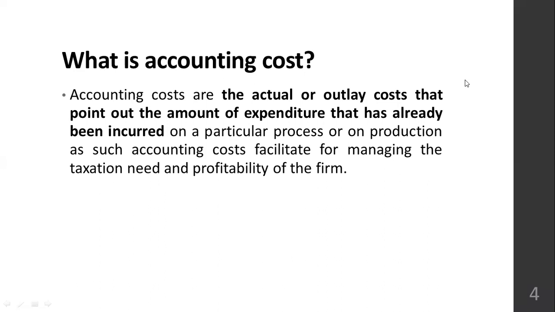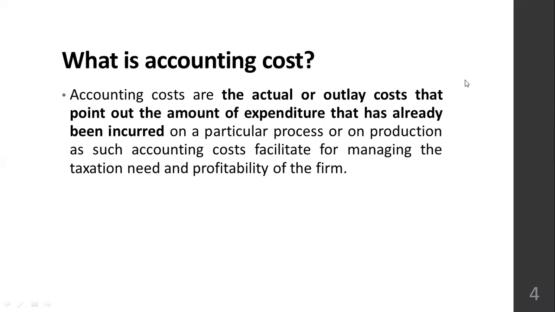Brokerage charges you must have given to a property dealer. These are the cost expenditure that has already been incurred, but still now you have not started making any profit, or you have not started making any revenue, but still some cost has already been incurred on a particular process or on production.